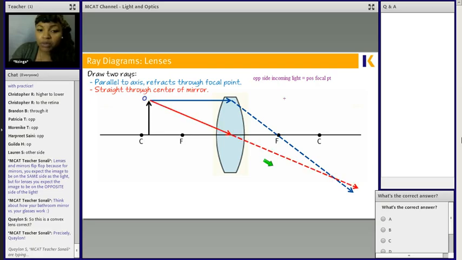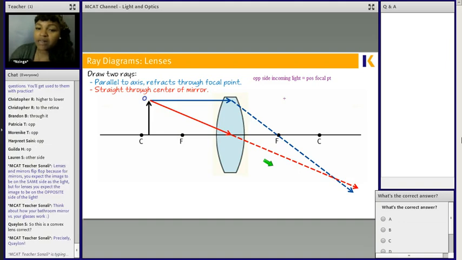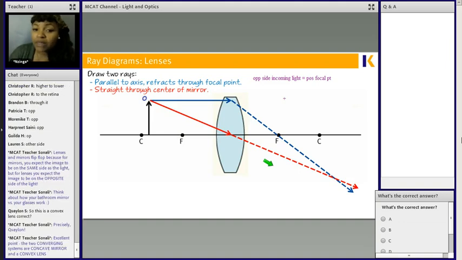For the central one, we want to know where it's actually going to converge, because once again, positive focal point always goes with the idea of converging of light. Negative focal point always goes with the idea of the diverging of light.